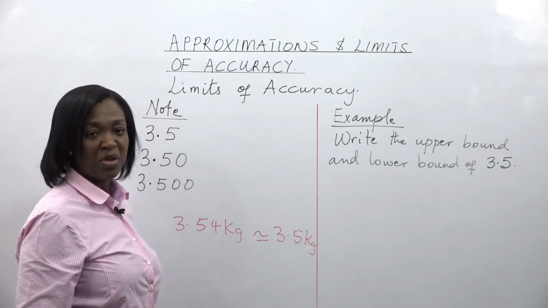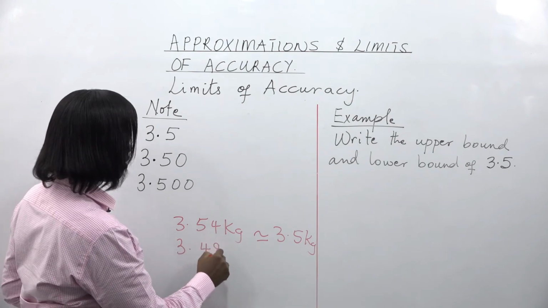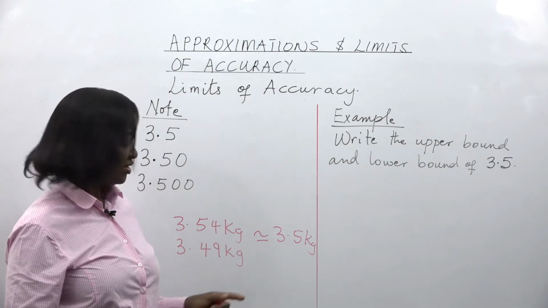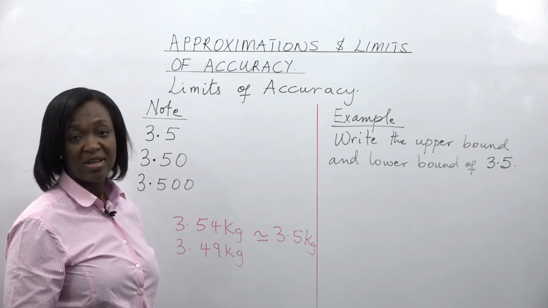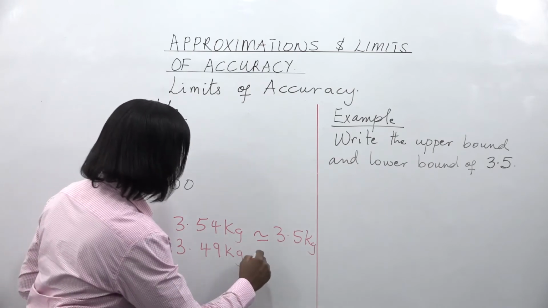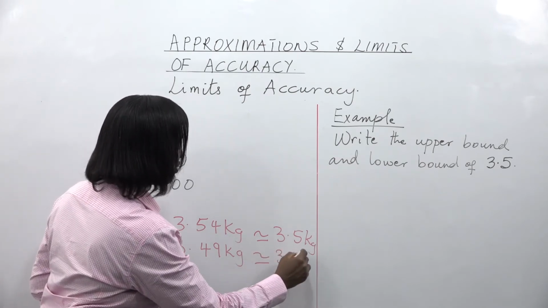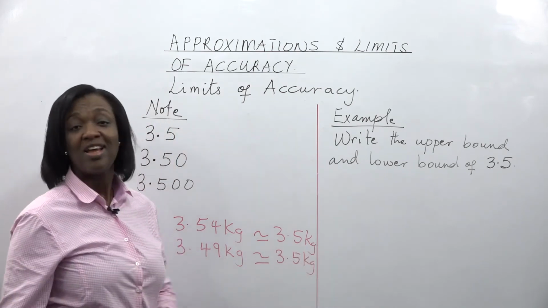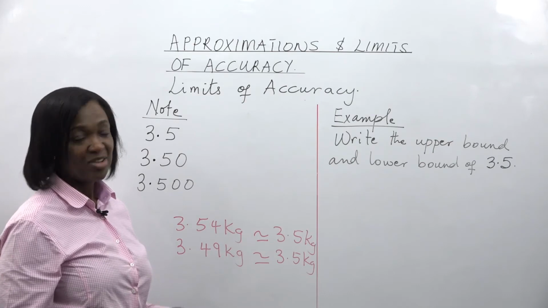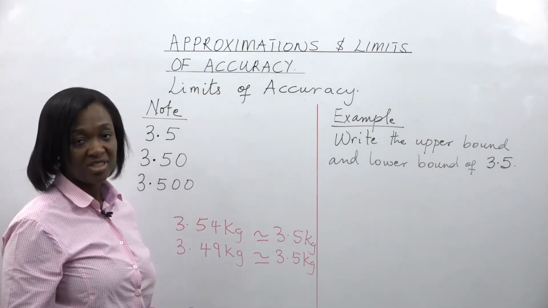The second woman's baby weighs 3.49 kilograms to 2 decimal places. But the birth weight is recorded to 1 decimal place. And that's also written as 3.5 kilograms. But the actual weight of the 2 babies are different. So that's why we'll be looking at limits of accuracy.